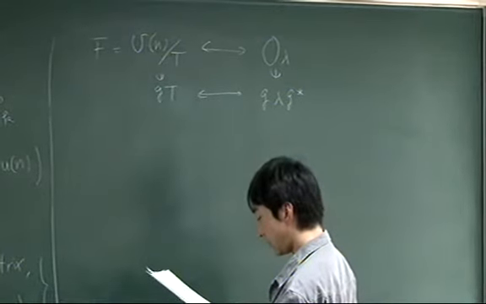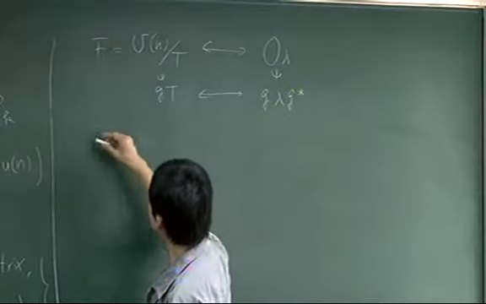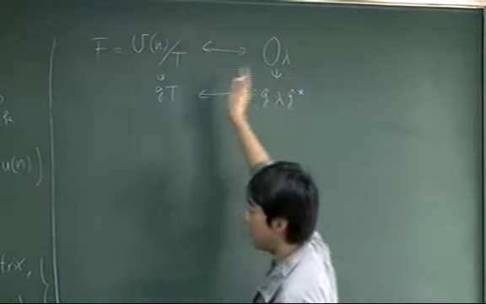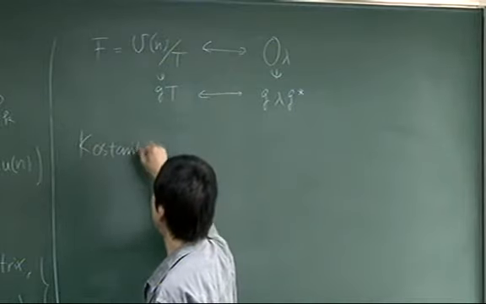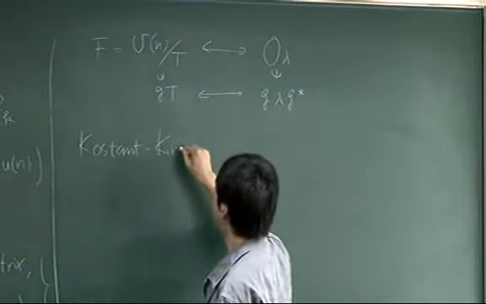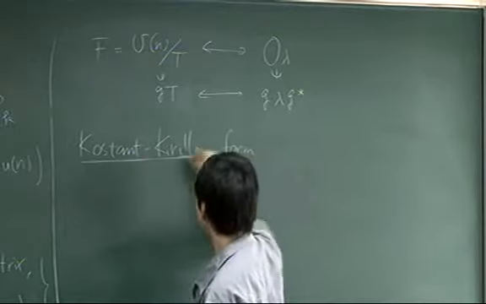On this space there is a natural symplectic structure called the Kirillov-Kostant form, denoted by omega_lambda.